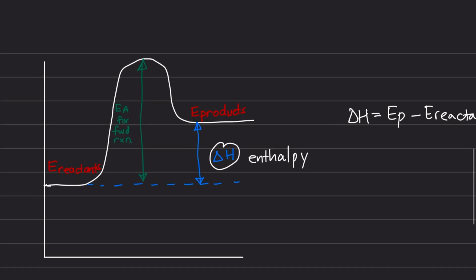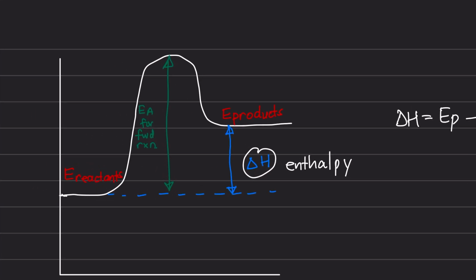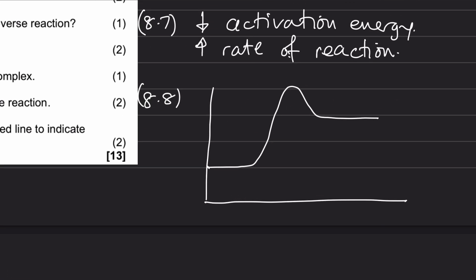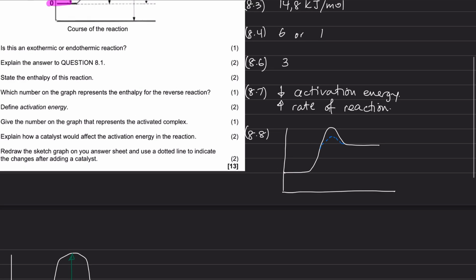Let's remind ourselves the activation energy is this line from reactants to the top. So it's going to decrease that amount. So maybe it will be here. So how do we sketch that? We'll sketch it like this. So that's all it does. It just decreases that value from there to there. That's what it does. Okay.